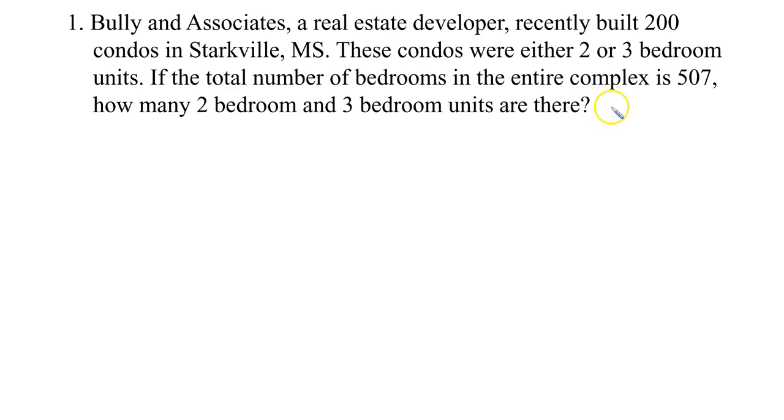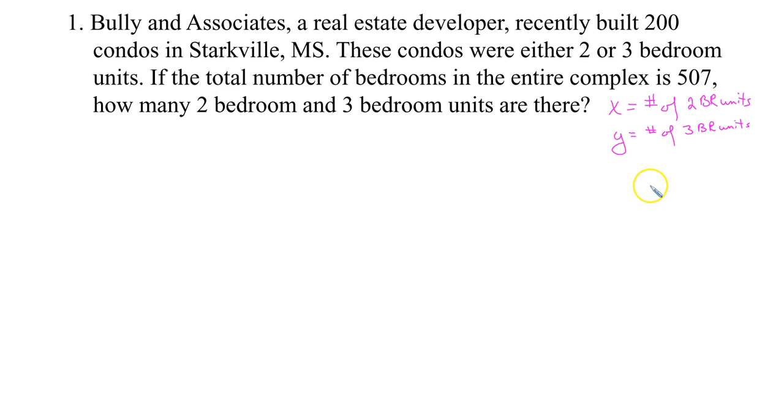So the first thing we're going to do is name our variables. We'll start by using x and y. We're going to let x be the number of 2-bedroom units, and we'll let y be the number of, you guessed it, 3-bedroom units, because those are the two unknown quantities that we have.